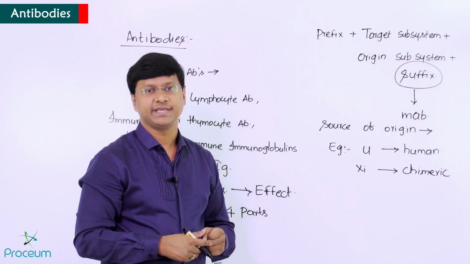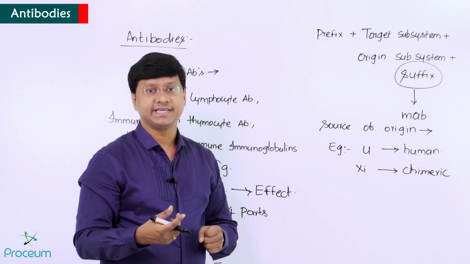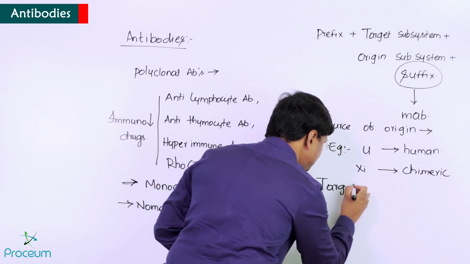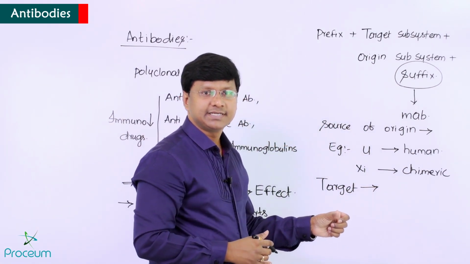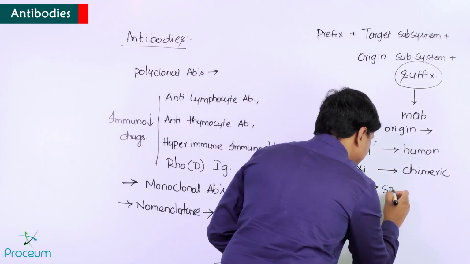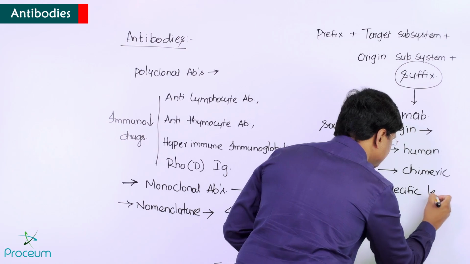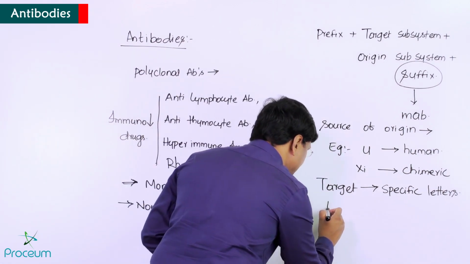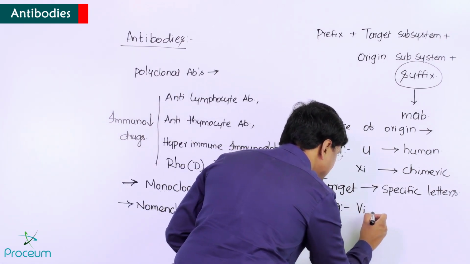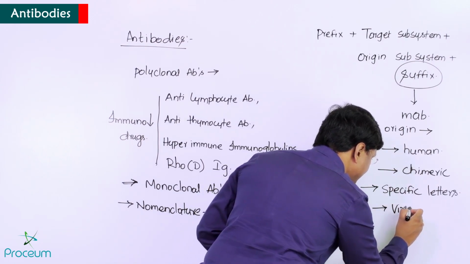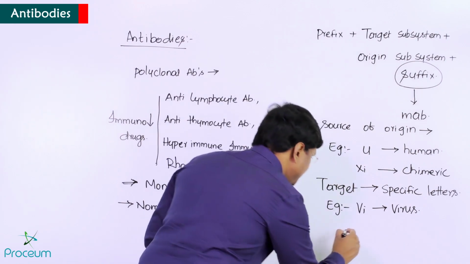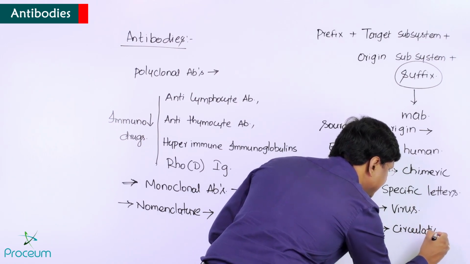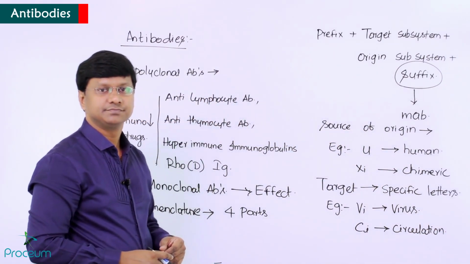For example, VI stands for virus. CI stands for circulation.